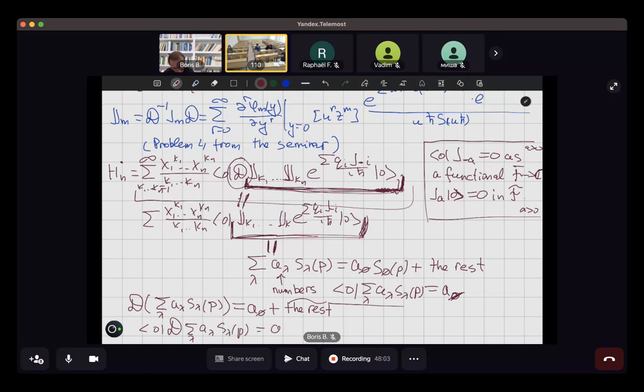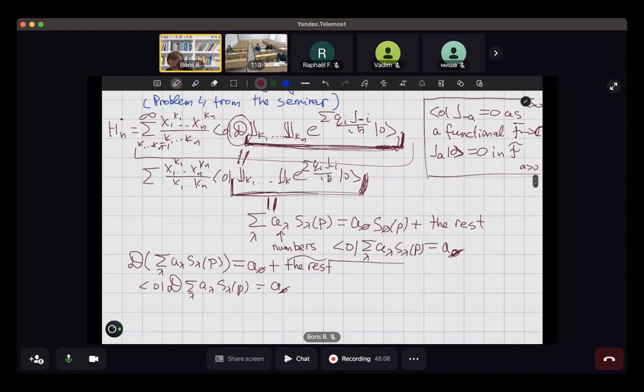Maybe it will help if you also write what D applied to the sum is. So yes, D applied to the sum is equal to the sum of a lambda, and then some eigenvalue, which is e to the power sum of ij in lambda of something, times s lambda of p. So it's diagonal, right? And again, it's a empty plus the rest tilde.